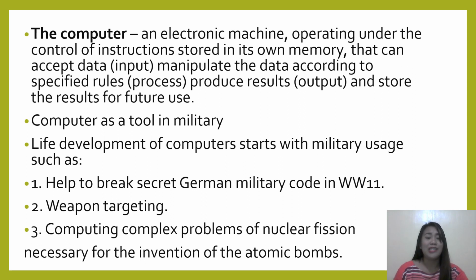The development of computers started with military usage, such as helping to break the secret German military code in World War II, weapon targeting, and computing complex problems of nuclear fission, which was necessary for the invention of atomic bombs. So, literally, a computer is a machine that can store information.